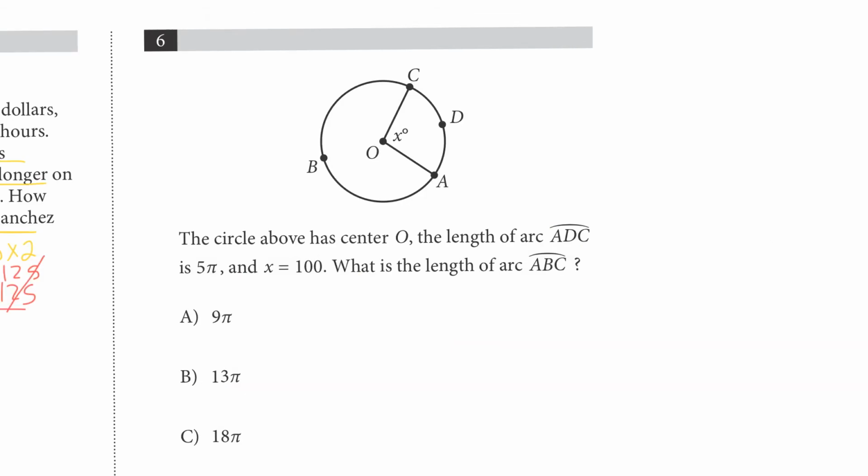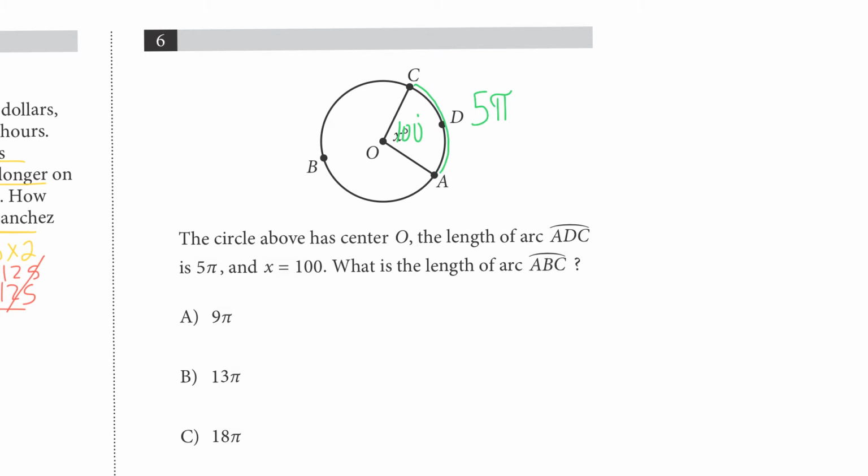Okay, problem number 6, we have a circle above, has a center at O, and the length of arc ADC, which is a minor arc right here, is 5 pi. So right here we've got 5 pi. And x is 100 degrees, so this central angle is 100.